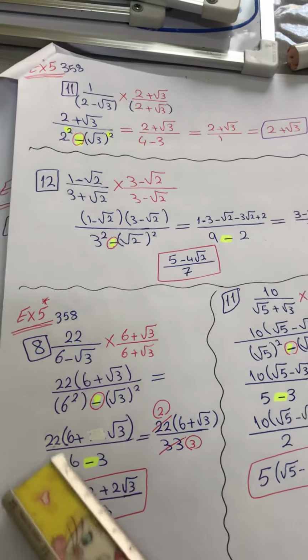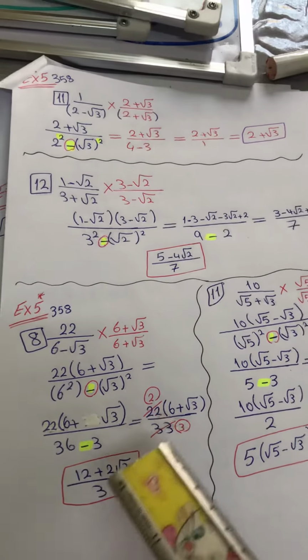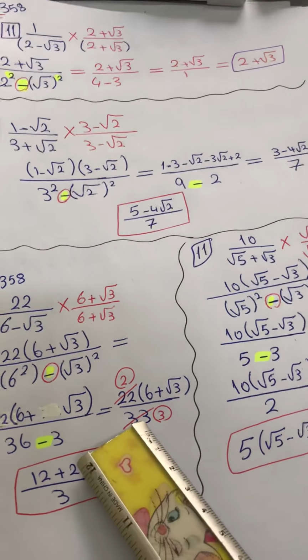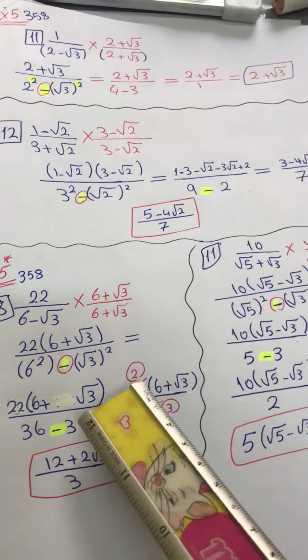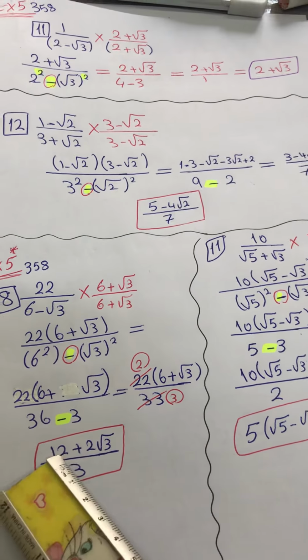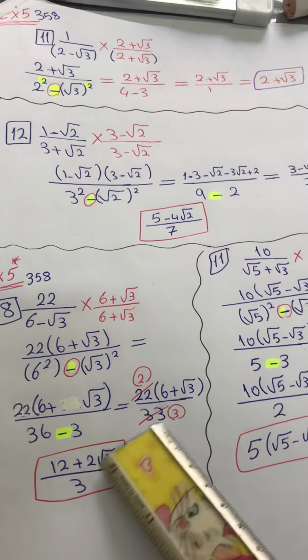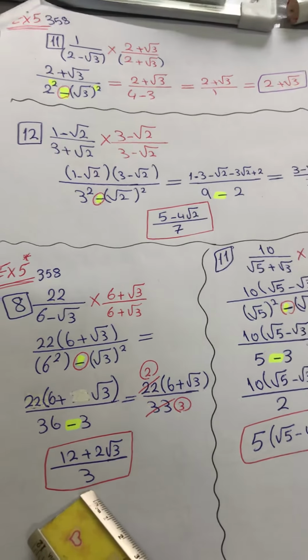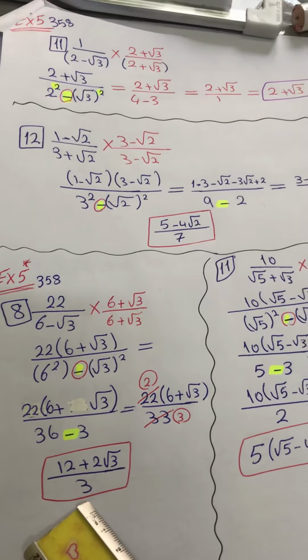Maybe I can simplify the up and down numbers before distributing. Like this, I'll divide by 11 up and down, so it will give me 2 up and 3 down. Now you can distribute. 2 multiply 6 equals 12. 2 multiply square root of 3 equals 2 square root of 3 over 3. And this is answer number 8, exercise 5 star, page 358.